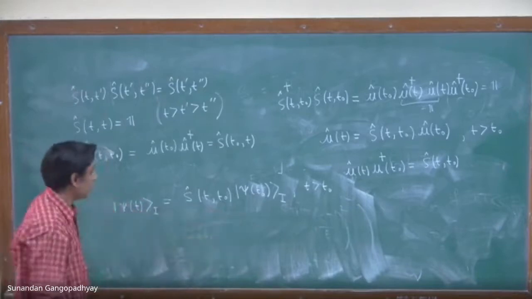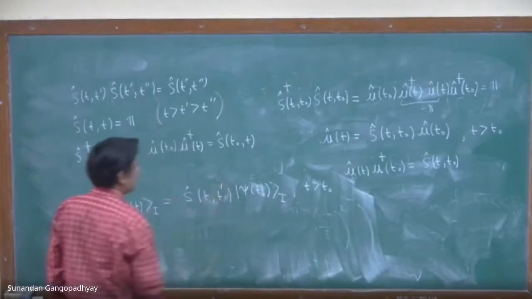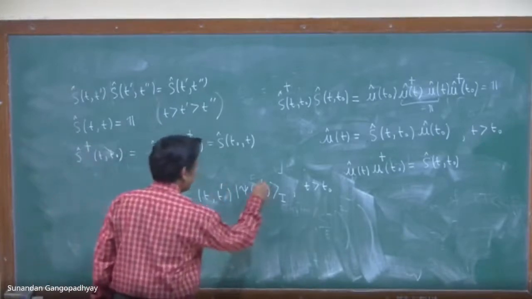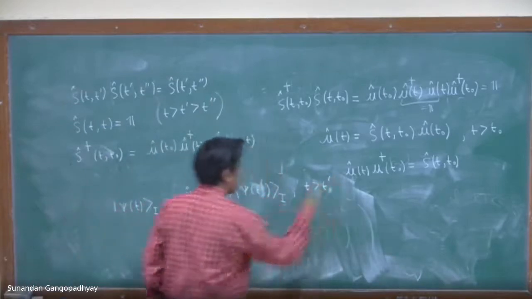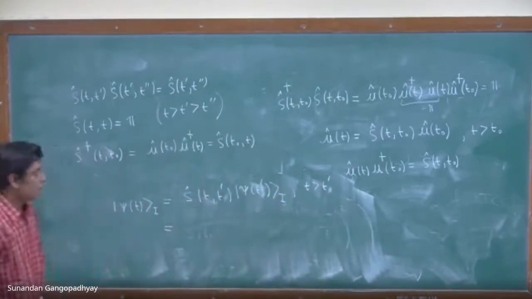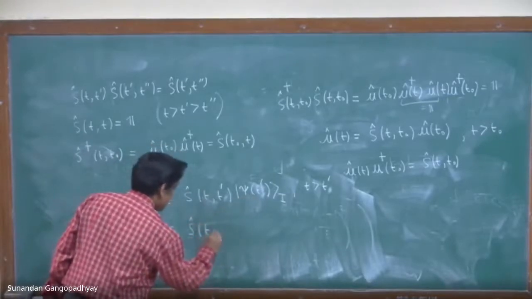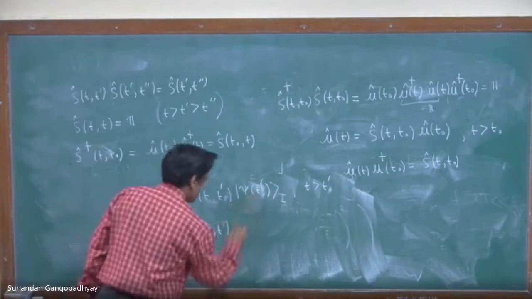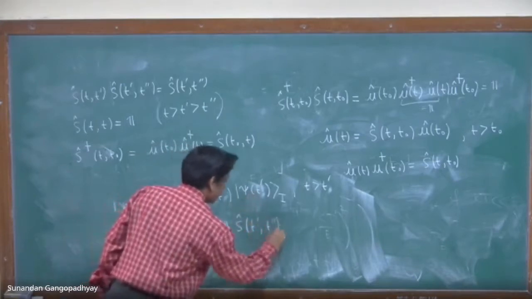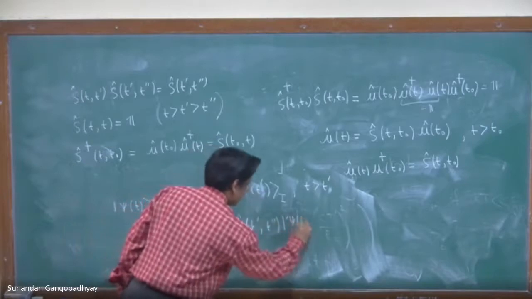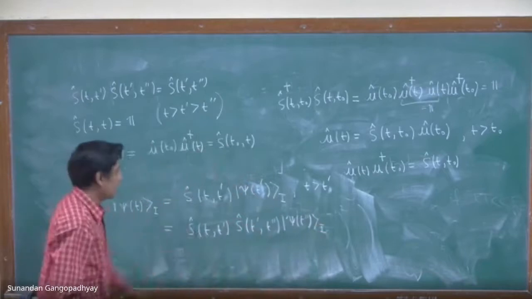Here you can just make this T comma T prime, where T is greater than T prime. Now psi T prime, you can write it down as S hat T prime comma T double prime, psi T double prime, where T prime is now greater than T double prime.